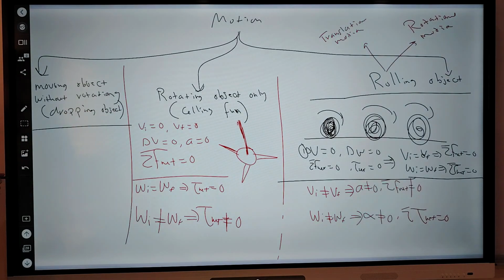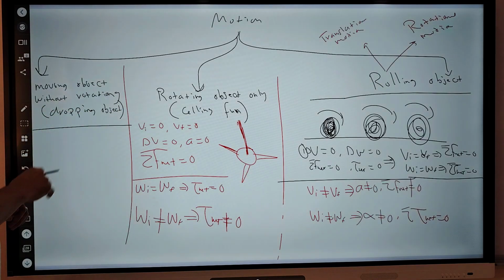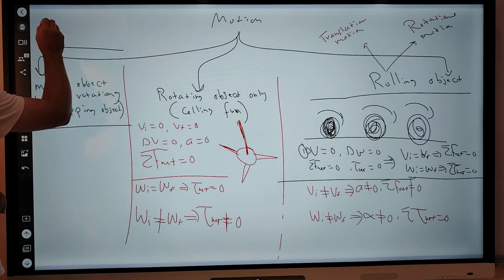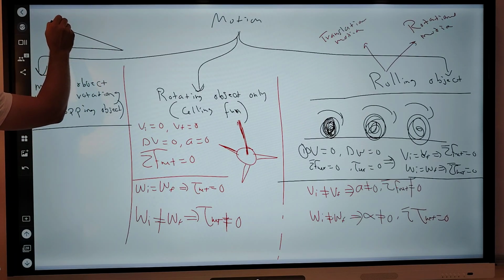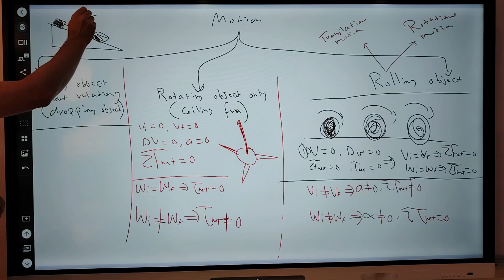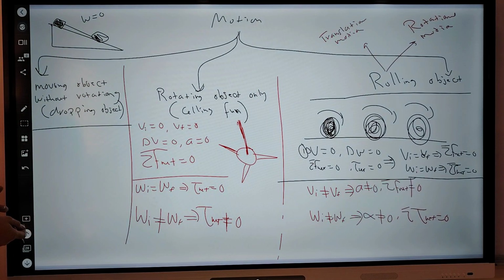In that case, when the object is moving without rotational motion, such as, look at this incline. If you have a box here, this is the box. If you release this box from this incline, it's moving downward. Do we have rotation? No. The object has no angular speed.